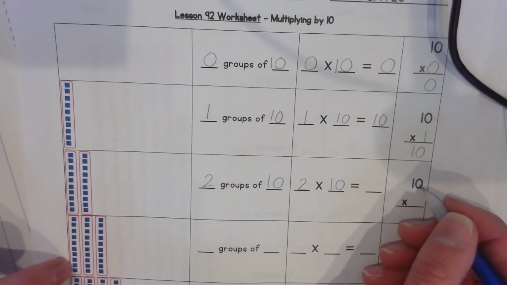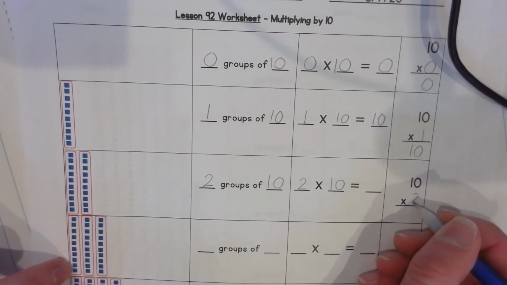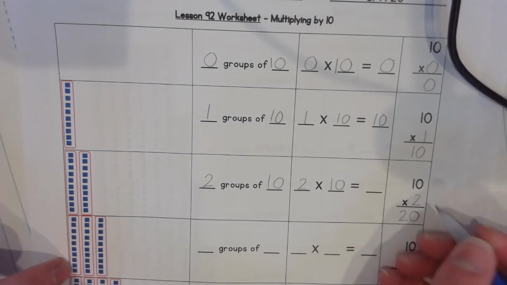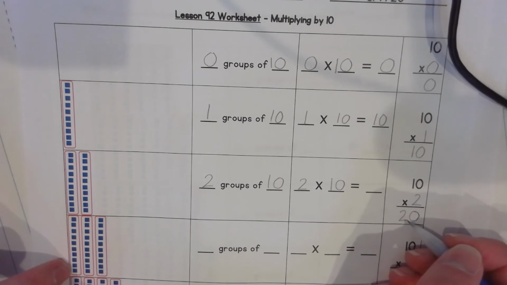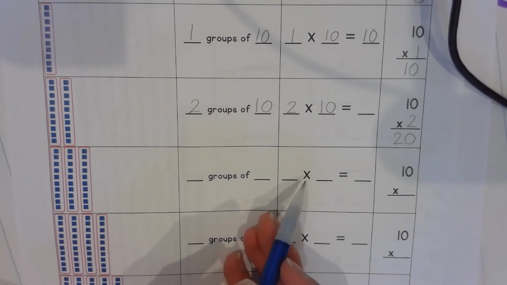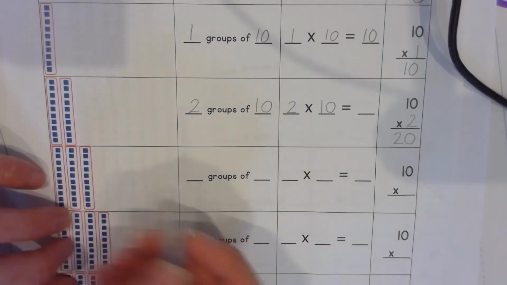So 10 2 times equals 20. 10 times 2. So remember, the x can either mean groups of or times.